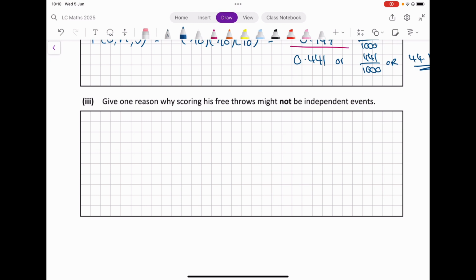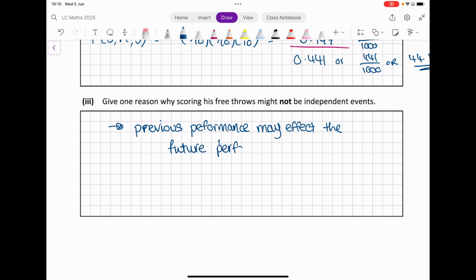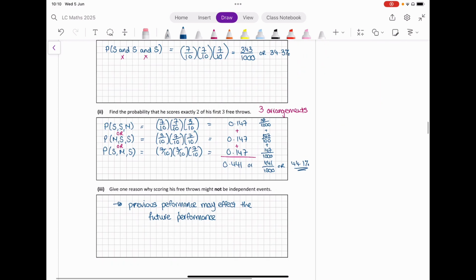So a simple answer for this is that previous performance may affect the next shot or the future performance.